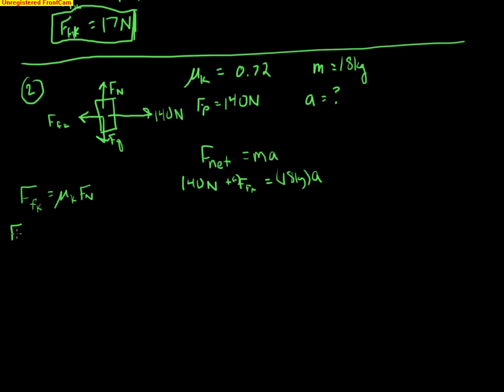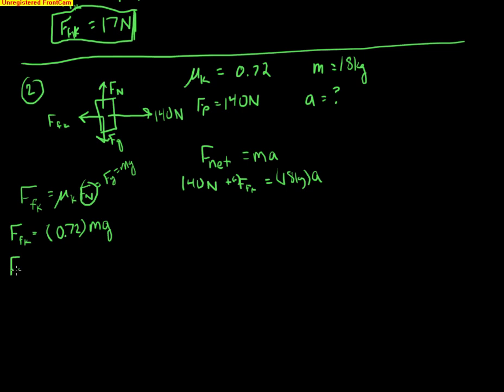So this time, we know what the mu is. It's 0.72. And the normal force is equal to the force of gravity, which is equal to m times g. So we're going to plug in m times g in place of the normal force.